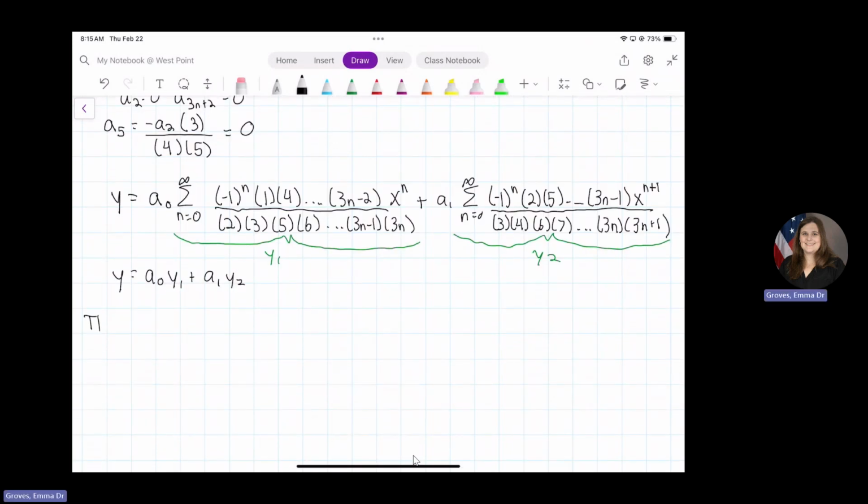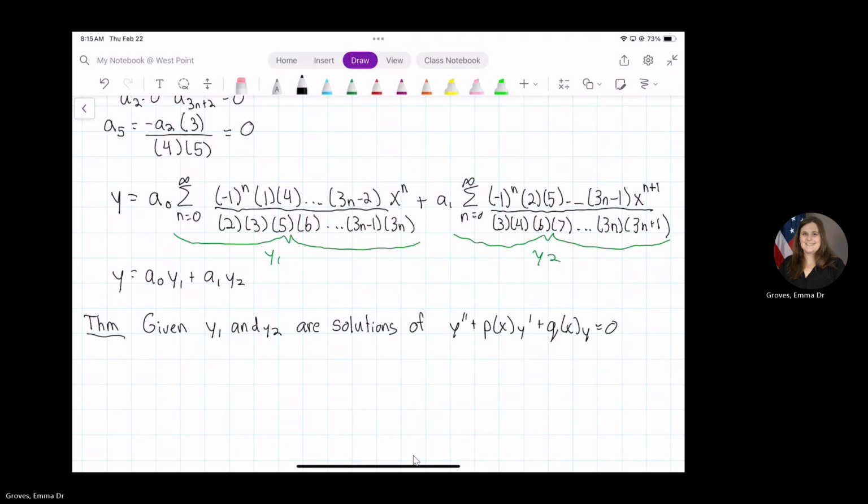So let's just remind ourselves of the following theorem. If you are given y1 and y2 that are solutions of something of the form y double prime plus p(x) y prime plus q(x) y equals 0, then y1 and y2 are a fundamental set of solutions.